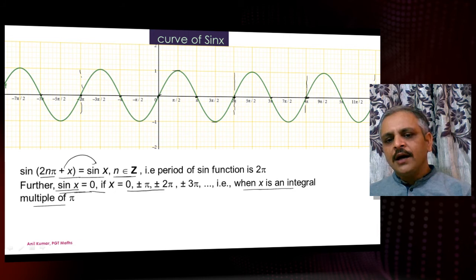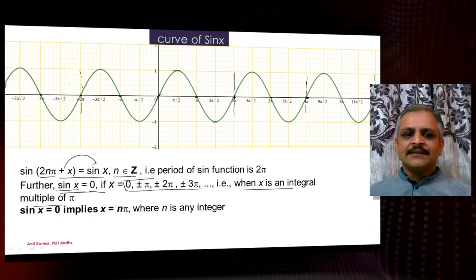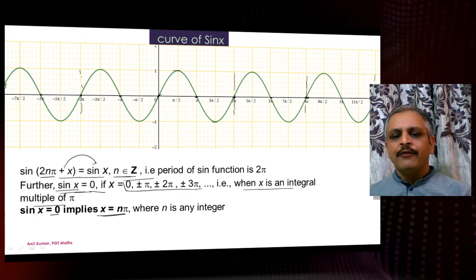See, all these are integral multiples of pi: 0, plus minus pi, plus minus 2 pi, plus minus 3 pi. So we can conclude that sin x will be 0 if x is equal to n pi, where n is any integer. This is a very important result, that sin x will be equal to 0 when x is a multiple of pi, where n belongs to integers.